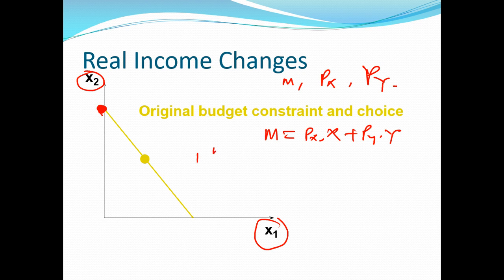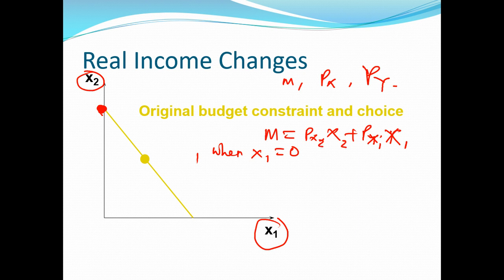So when x1 is 0, using our budget constraint, here let's put x1 and here let's put x2.